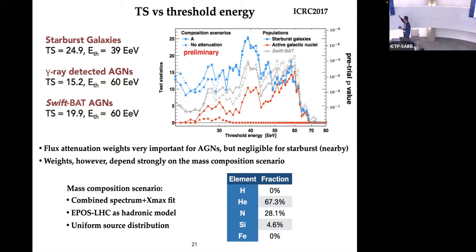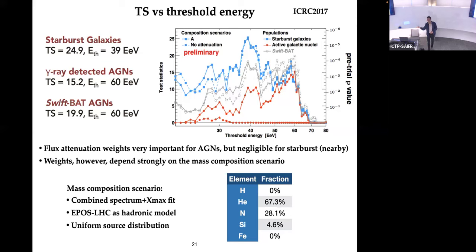In order to include those weights that I just mentioned, you need to assume a certain chemical composition for the cosmic rays. That's why this table is here. This is the chemical composition at the source, what the source emitted.